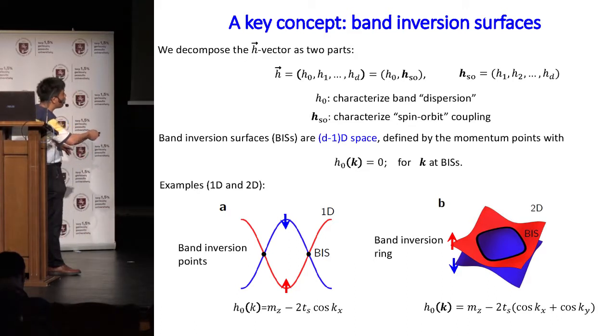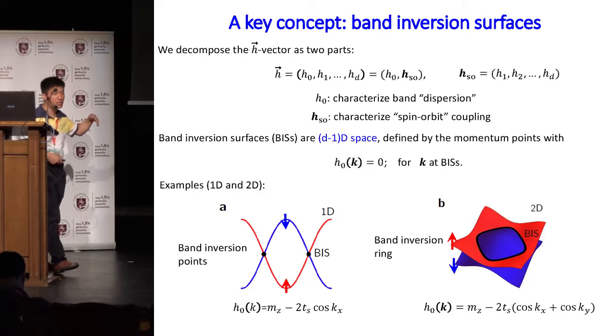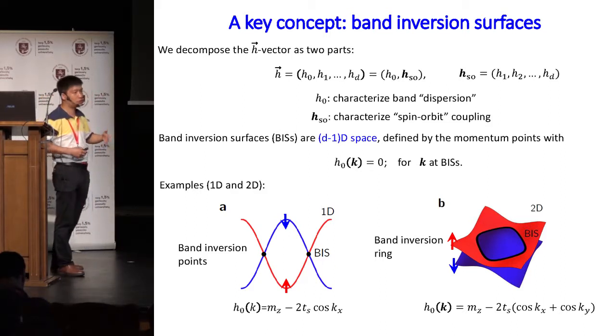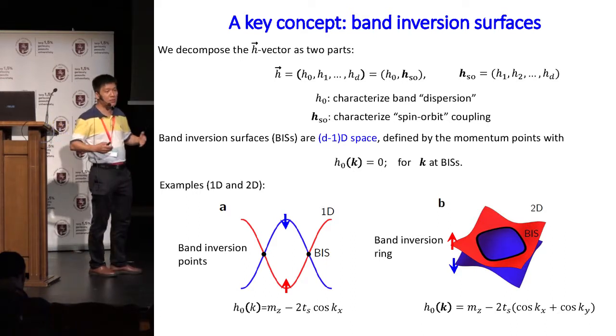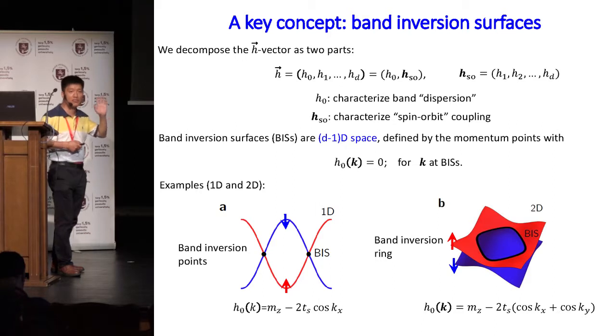The crossing points are the band inversion points, because within the points and outside the points, the energies of the two bands are inverted. So this corresponds to band inversion. I guess band inversion is familiar to you if you are familiar with topological insulators. However, here I'm not just using band inversion as a phenomenon.